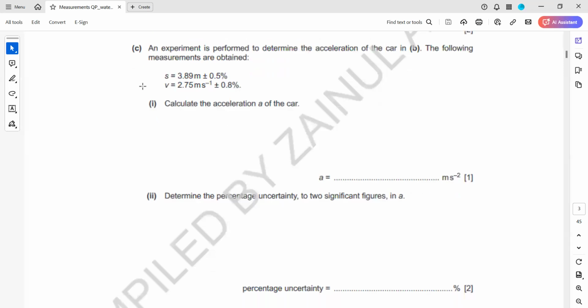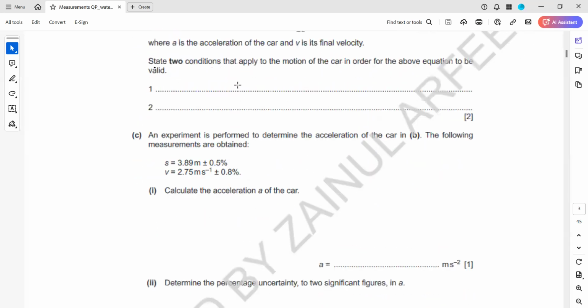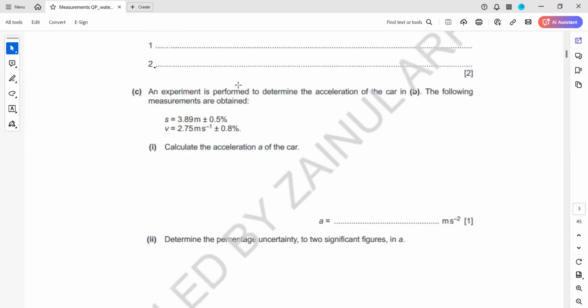1C. So in 1C1, an experiment is performed to find the acceleration of a car using the following measurements in B. So in B, it was s equals v squared over 2a. That's the formula we have to use. Calculate the acceleration. So how do we work out the acceleration?